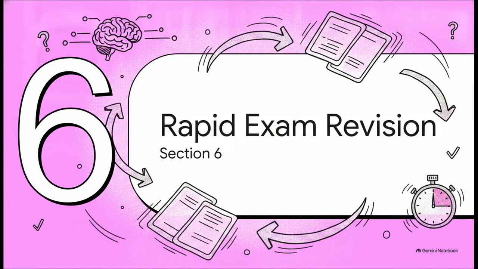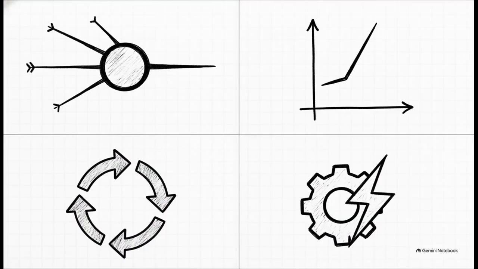And just like that, we've reached the final stage of our explainer, Section 6, Rapid Exam Revision. This is designed to lock this material right into your short-term memory just before you take that test. These are your high-yield foundational takeaways that bridge Unit 1's architecture with Unit 2's optimization mechanics. First, remember the neuron components: inputs, weights, bias, and activation.